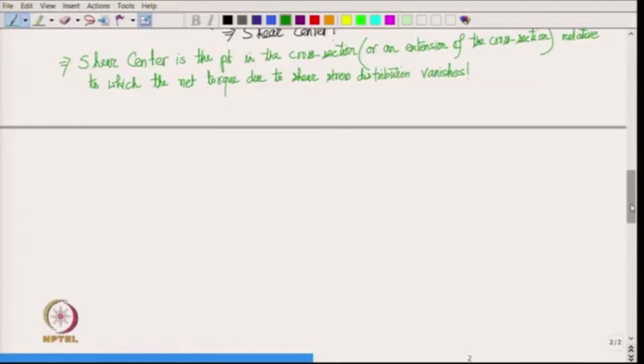So, how can we find such points? For example, look at an L shaped cross section. Suppose we have an L shaped cross section, which is thin and open. Then we know that shear stress simply flows from one end of the cross section to the other end.